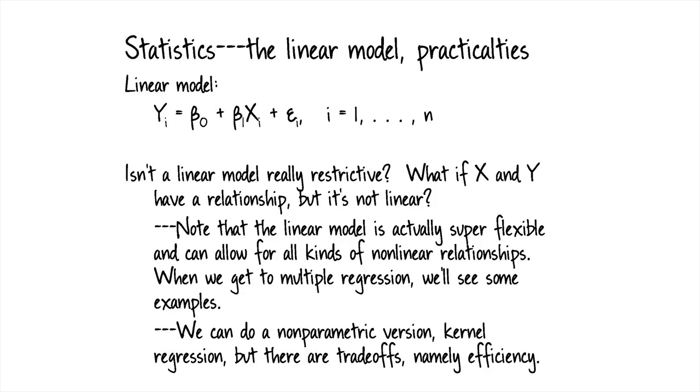For instance, we can take nonlinear functions of both the x variable and the y variable, and analyze the relationships between those nonlinear functions of x and y within a linear framework. We can also create interaction variables, which are the product of two variables, and that allows for other types of nonlinearity.